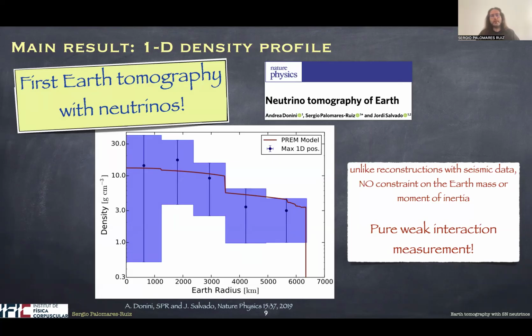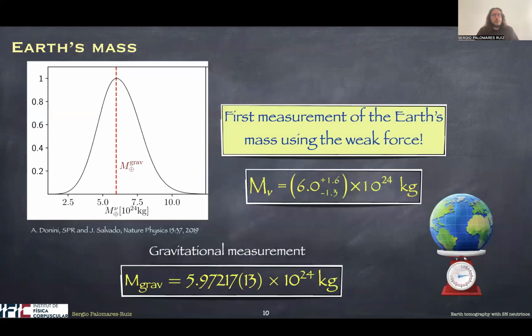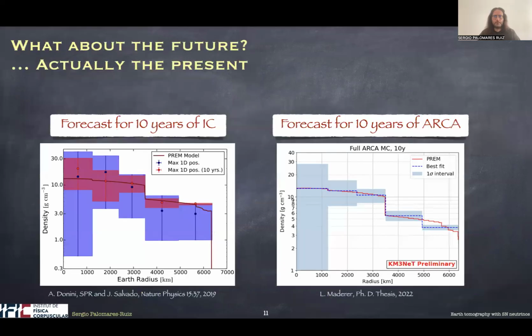So this is a pure weak interaction measurement of the density distribution of the Earth. With this, we can, of course, measure the Earth mass. This is the first measurement of the Earth mass using only the weak force, and completely compatible with a gravitational measurement, although of course very much less precise than the gravitational measurement.